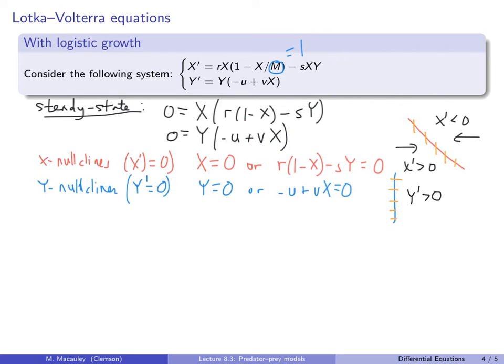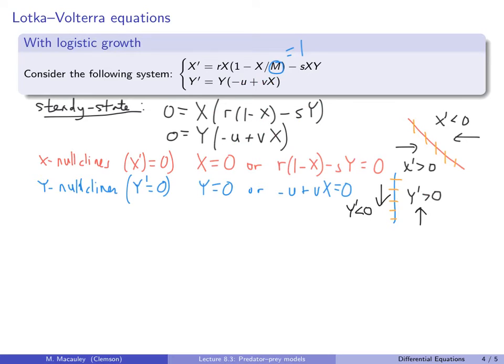In other words, if x is greater than u over v, then this part is positive. So y times that is positive. Positive times positive is positive, which means that solutions will go upwards. And to the left, we have y prime is negative, so solutions go downward.